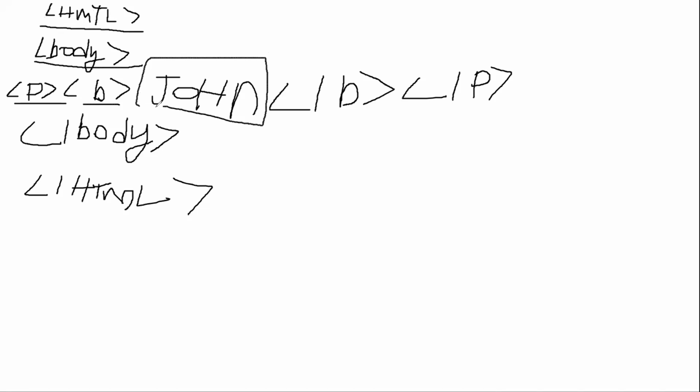So this is the starting tag, then the main tag HTML, then the body tag. Under the body, P for paragraph is there. Under the paragraph, the bold tag is there, and under the bold tag this is there. This is the actual output we are getting. When you execute this, the output appears like this.